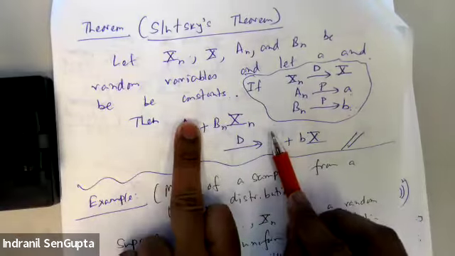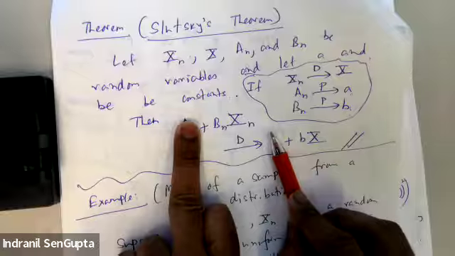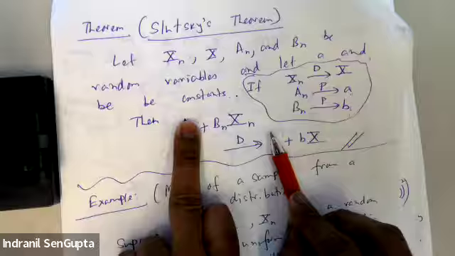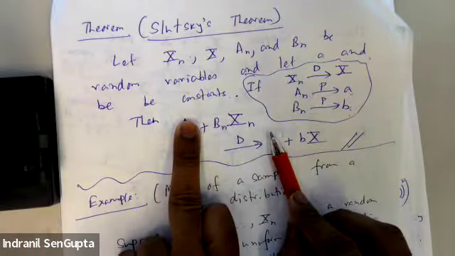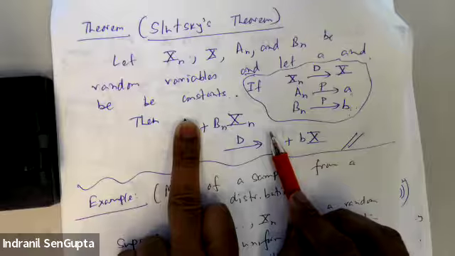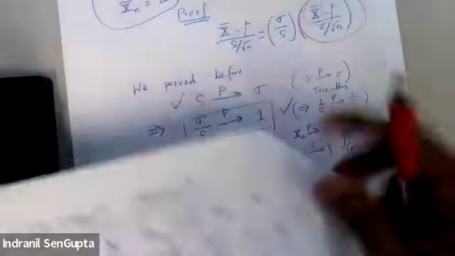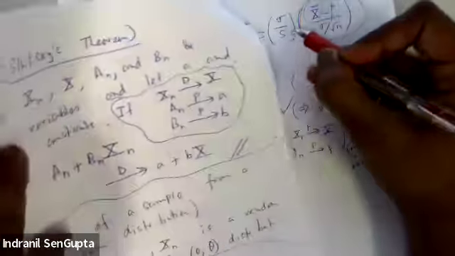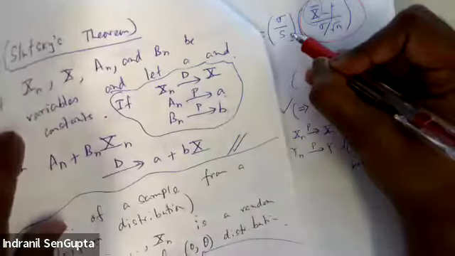So this theorem is saying that if Bn is going to little b in probability, and Xn is going to X in distribution, then Bn times Xn is going to little b times X, right? Now we have the exact same scenario, where my Bn can be thought of as sigma over S, so it's going to 1 in probability.